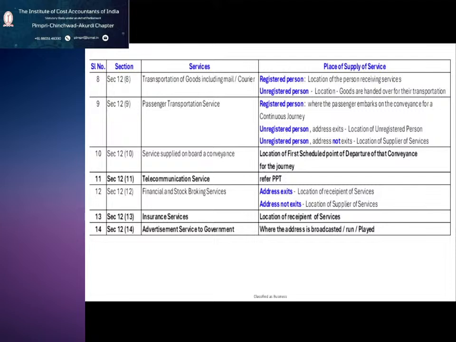Previously the telecommunication service came up, like the fixed line where the line is installed. We may not expect these things, but these type of questions will also come in our exams.